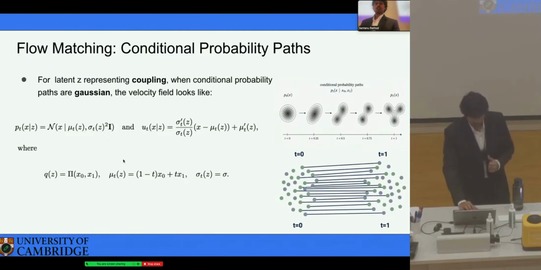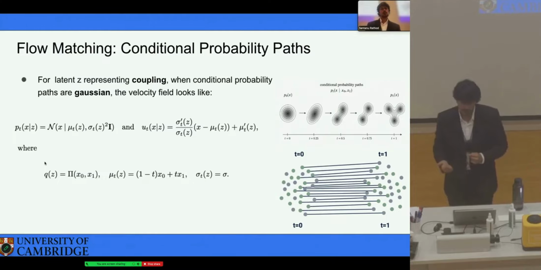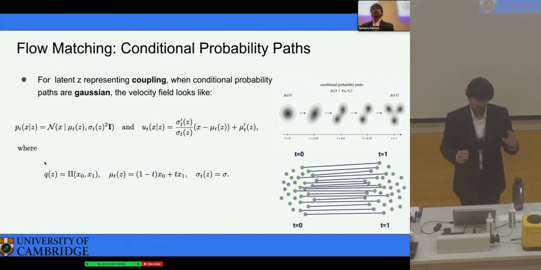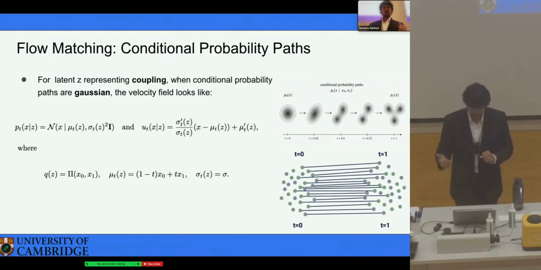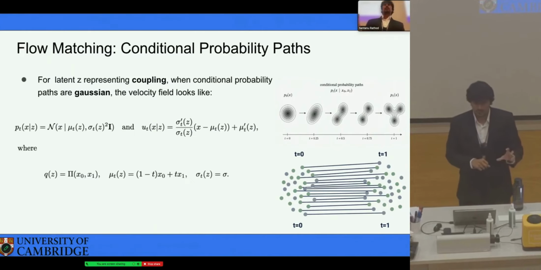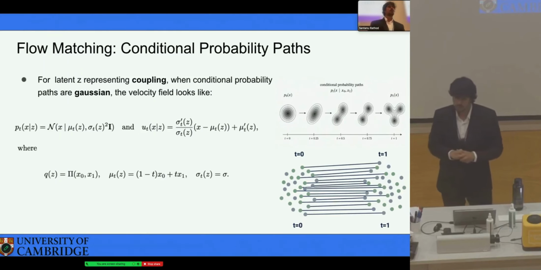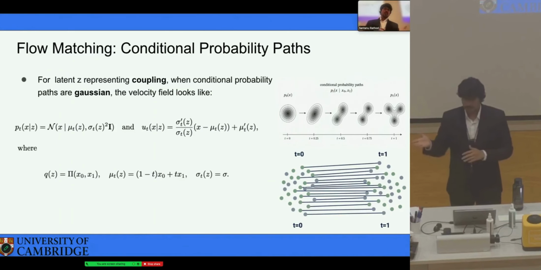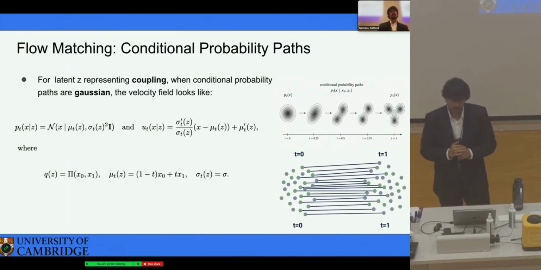And here also you're making a choice in terms of how you couple your initial and final state. And we'll come back to what coupling choices make sense. That's in essence what this slide is representing: you had some initial state and final state, and now you've constructed straight conditional probability paths by basically drawing a straight line over here.